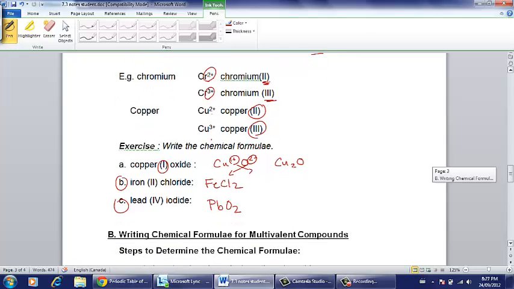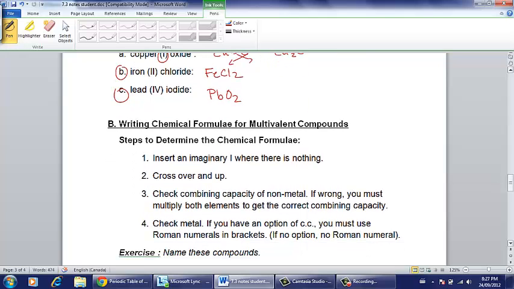The last thing we're going to look at in today's lesson is writing the names of chemical formulas for multivalent compounds. The rules are that you have to insert an imaginary 1 where there's nothing. So let's pretend we had the formula FeCl2. We would insert a 1 at the Fe where there wasn't a subscript.